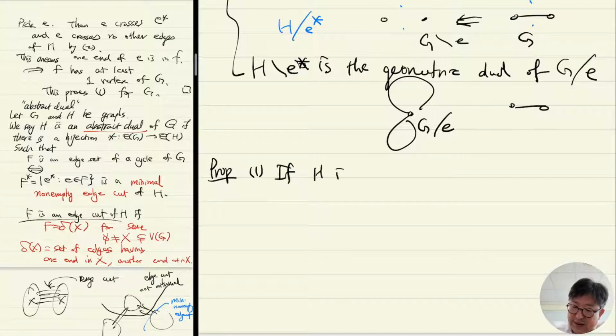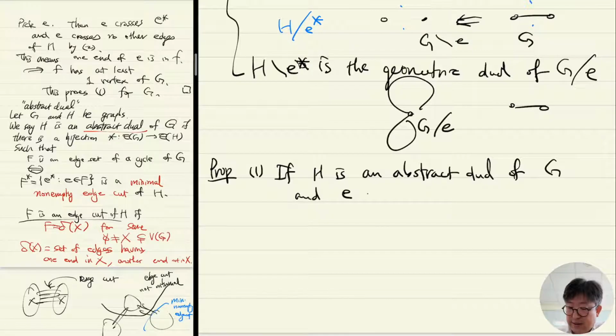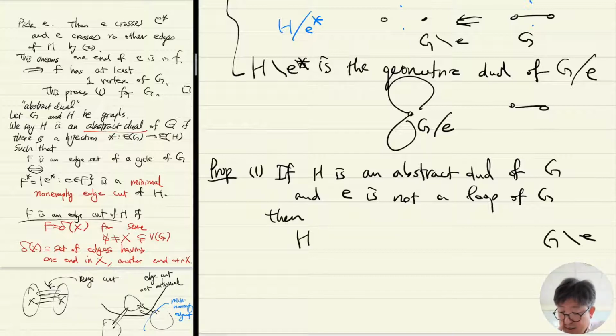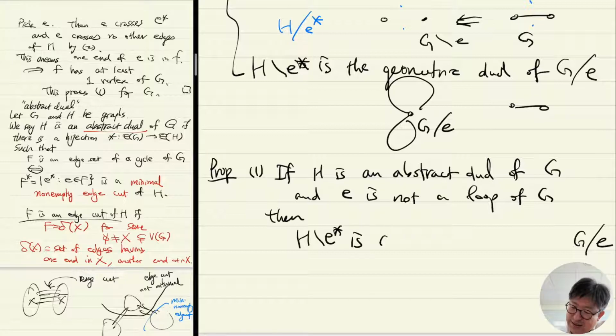If H is an abstract dual of G and E is not a loop of G, then, okay, E is not a loop, so let's contract E. So H delete E star is an abstract dual.